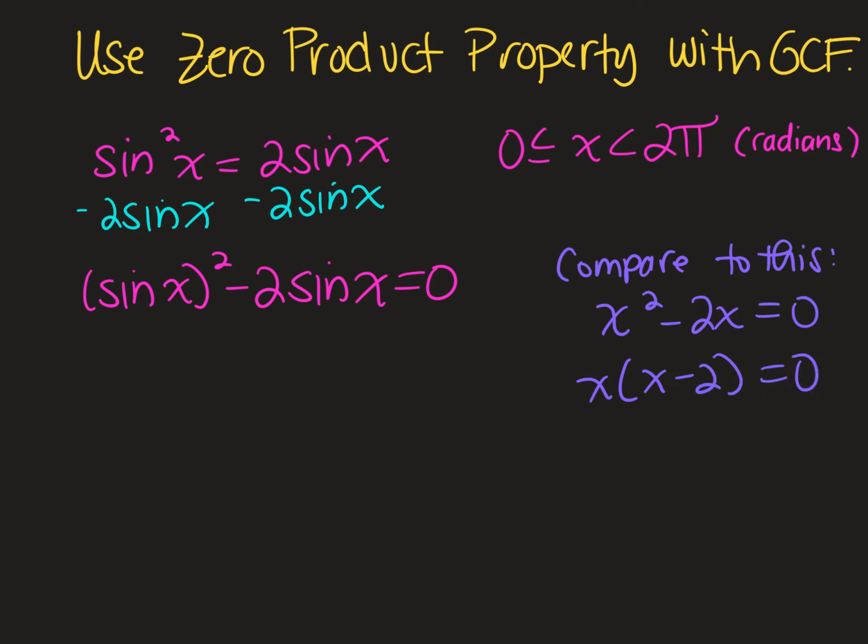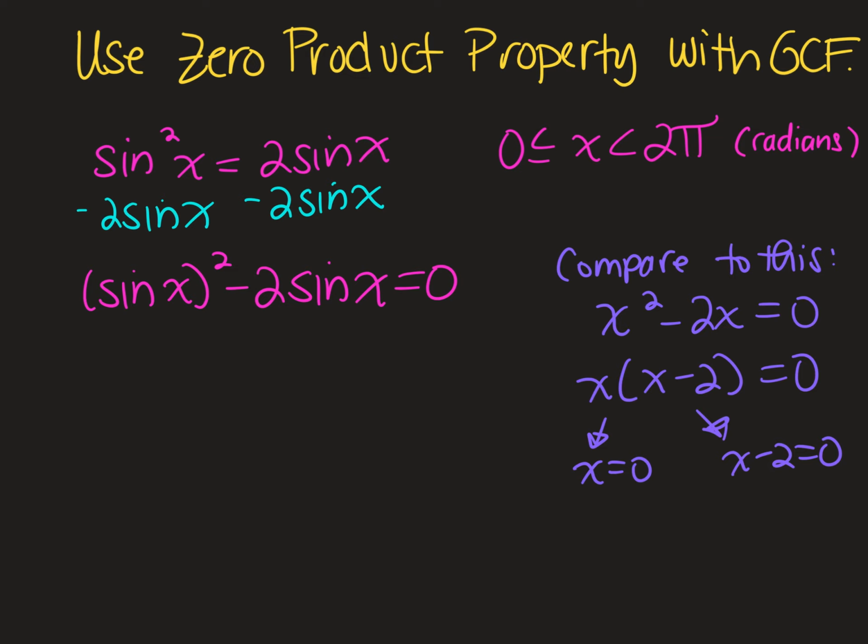Why do I factor it? What does that allow me to do then? My goal being solving for x, how does that help me solve for x? What do you do? Go ahead. Yeah, and I do that by setting each of these equal to 0. That's kind of what I was looking for here. Because this process of setting things equal to 0 when I've got them factored is using the zero product property.